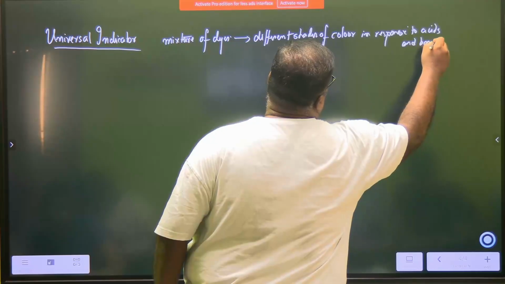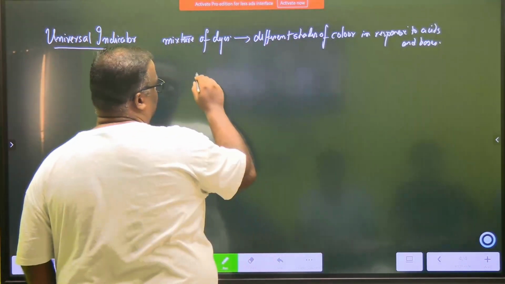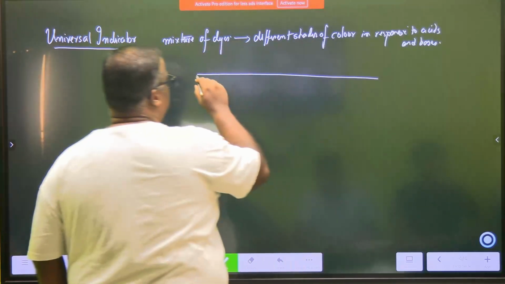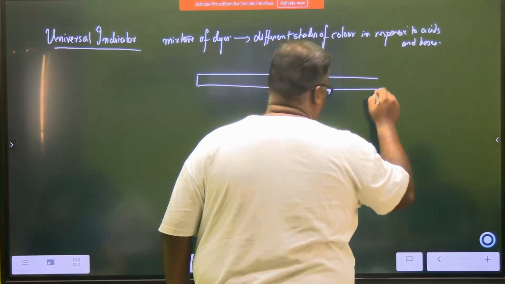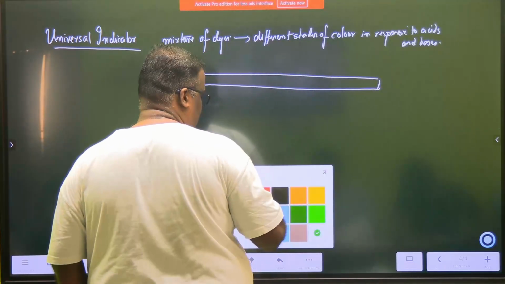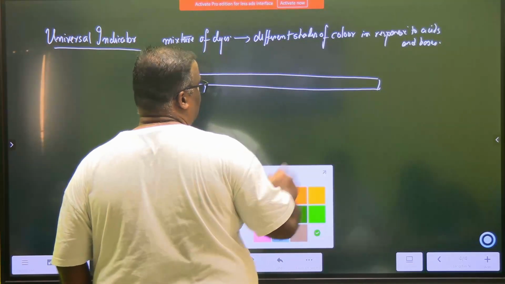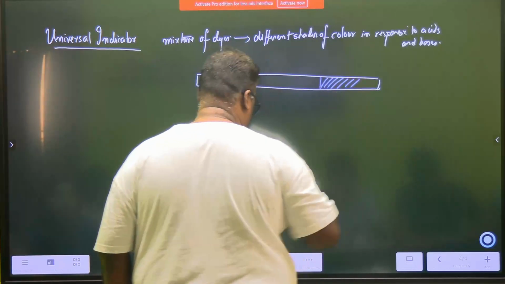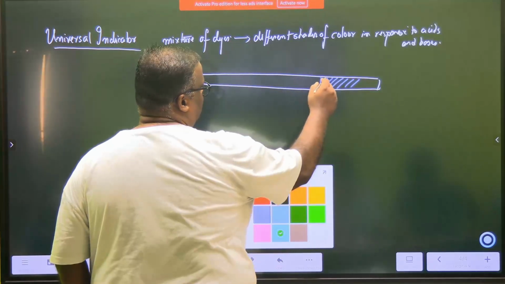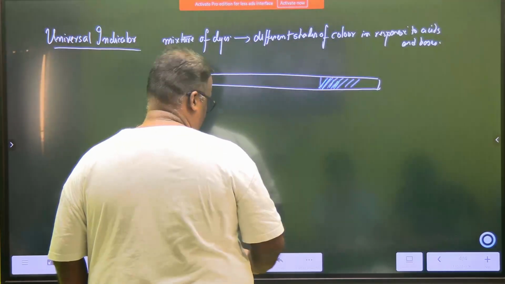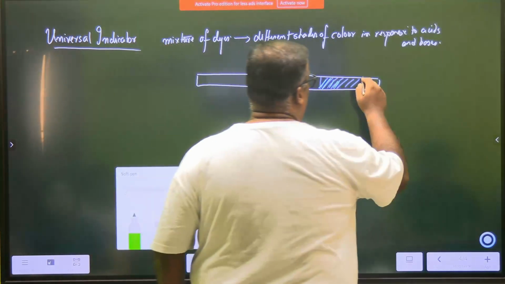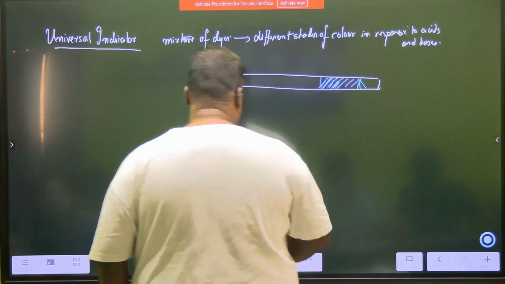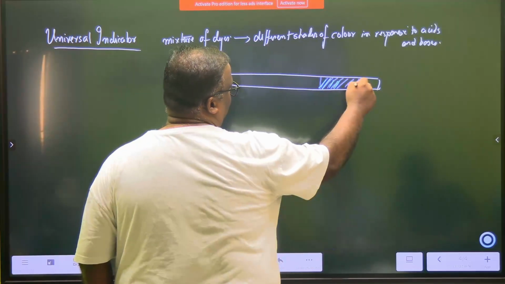And they have been designed so that the scale will be turning slowly, say from sky blue here, to extremely deep blue color out here.